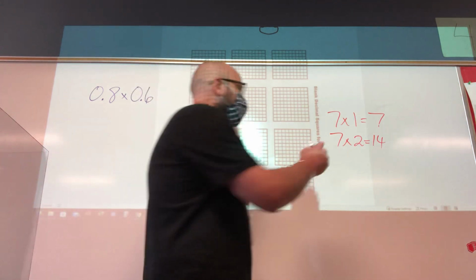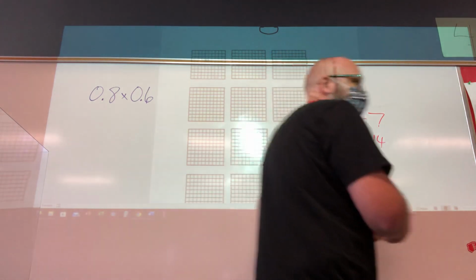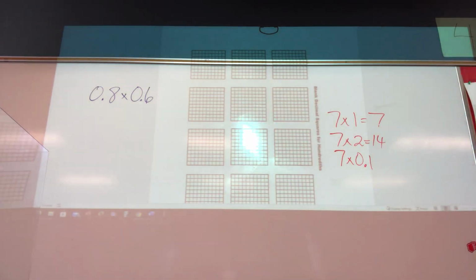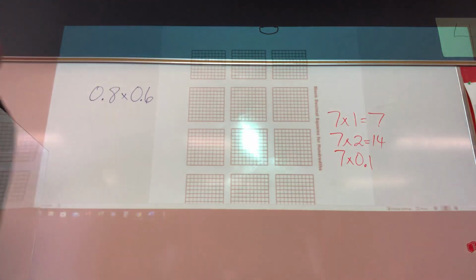So if I'm multiplying by 1/10, that means 7 has to get smaller because 1/10 is less than 1. Multiply by 1, it stays the same. Multiply by greater than 1, it gets bigger. Multiply by less than 1, it's going to get smaller.